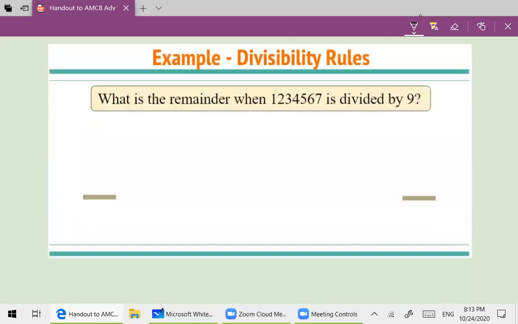And so try applying the divisibility rule for 9 here. Note that 3 and 9 are special cases where the sum of the digits is congruent to the remainder of the number itself mod 3 or 9.